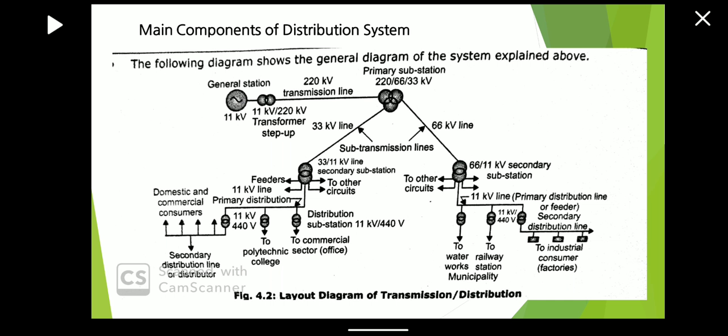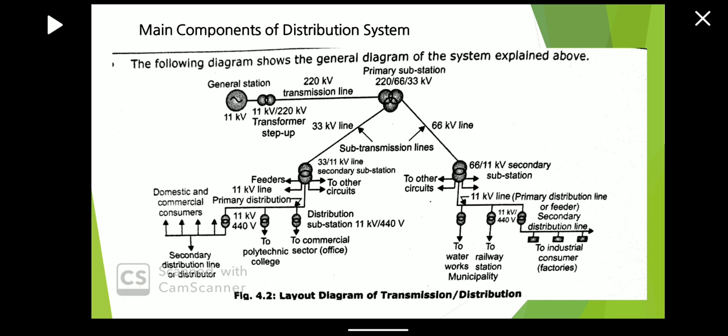Through the feeder, primary distribution is connected to the different consumers like commercial, industrial and domestic sectors. The secondary distribution line is connected to the domestic distribution system. Similarly, a 66 by 11 kV secondary substation is connected to the other circuits.